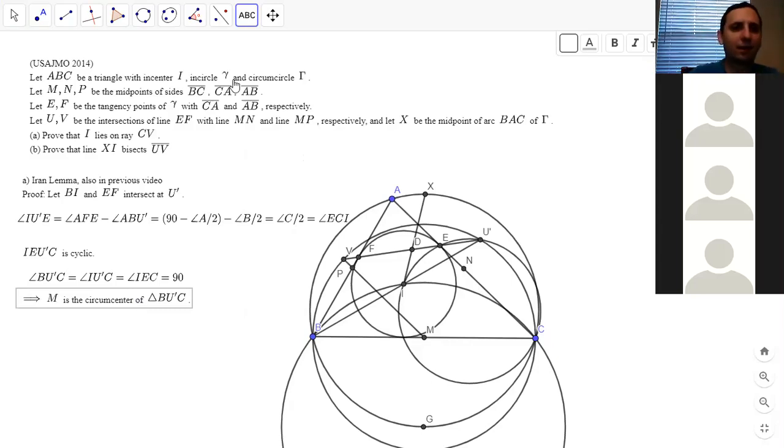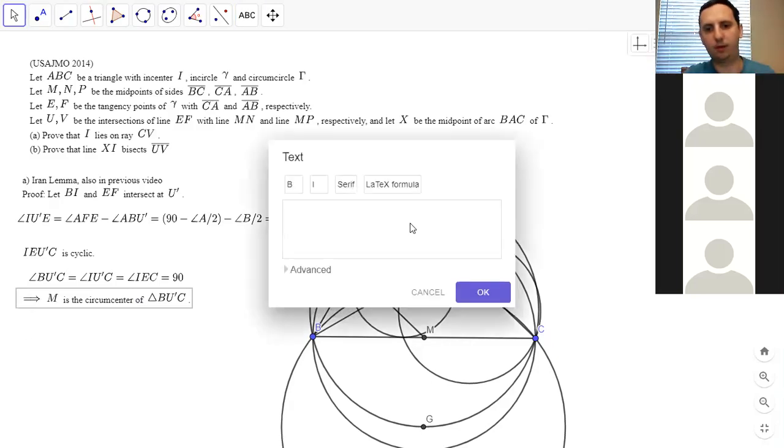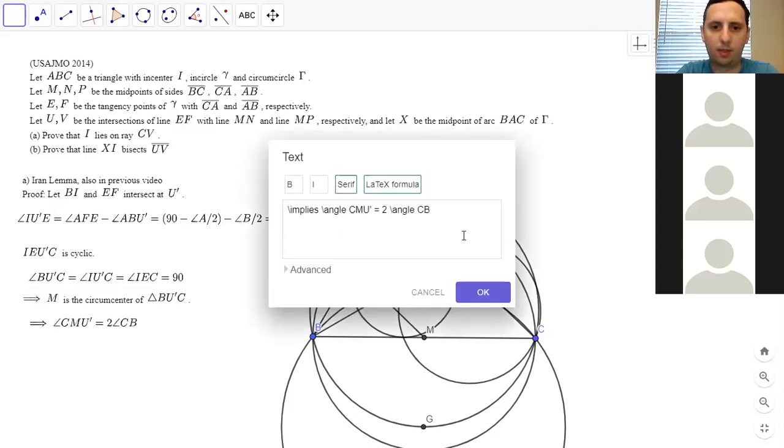That makes sense. So angle CMU prime is equal to twice angle CBU prime, which is equal to angle CBA. So that means that MU prime is parallel to AB, which means that M, N, and U prime are collinear.